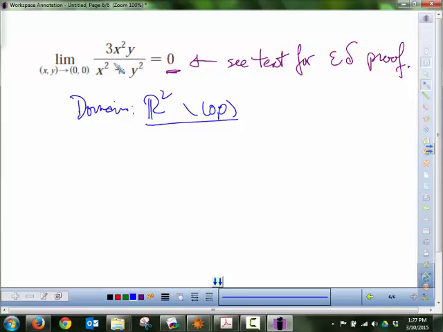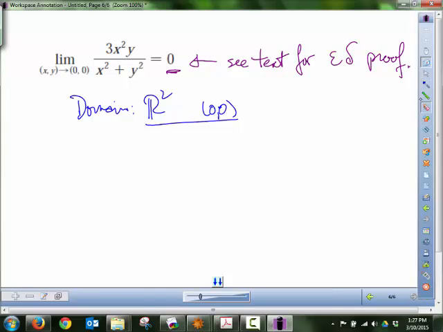So although we're taking these different paths and we're getting to the origin, there's a hole there because it doesn't exist. It's not part of the domain. This is a backslash, or you could put a minus sign. I guess a minus sign would work too. So it's everything in R2 except for 0, 0.